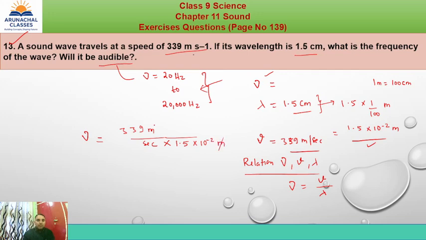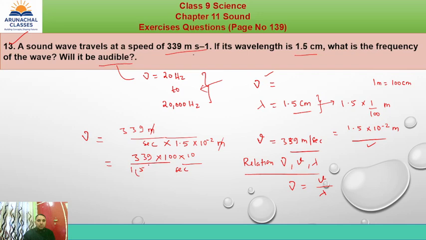So meter and meter will get cancelled. It can be written as 339 divided by 1.5, and this 10 power minus 2 goes up, so it will be 10 power 2, that is 100. And if I remove this decimal, again it will be 10 here, and it will be down. I will write the unit also, so it will be cycle per second.